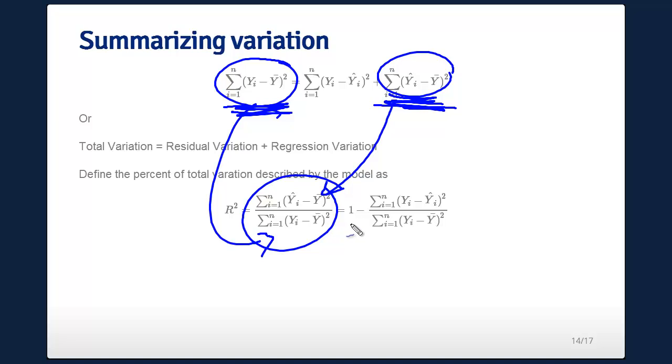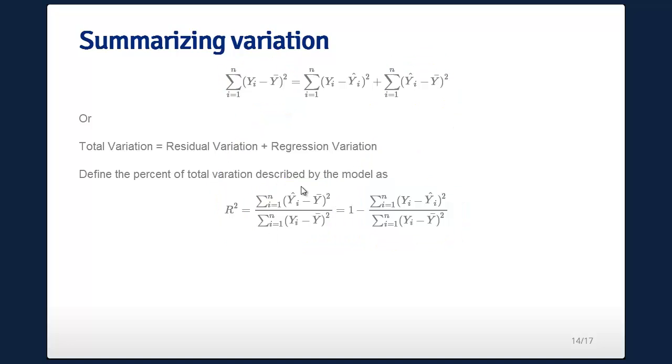Equivalently, we could describe it as 1 minus the percent of the total variation that's left over, the percent of the total variation that's just expressed in the residual variation. And the percent of the total variation that's explained by the model is described as R squared.